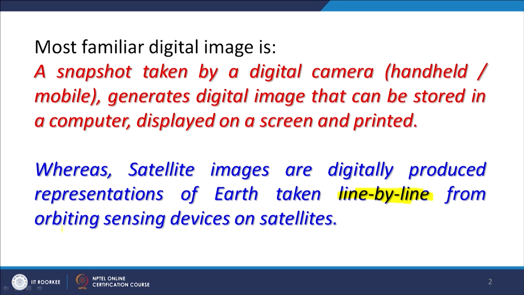So these orbiting sensing devices which are on board of satellites scan line by line and build an image. Contrary to this, in your digital camera, it is a snapshot, it's just one go, in a split second, an image is captured. So the sensitivity and other things are different, the whole mechanism is also different.